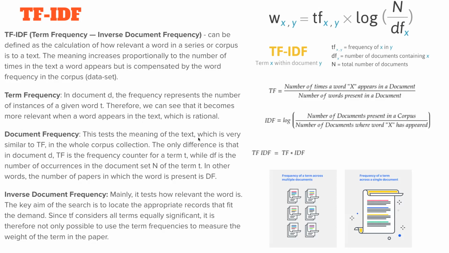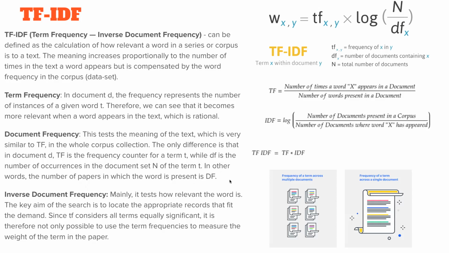This tests the meaning of the text, which is very similar to term frequency in the whole corpus collection. The only difference is that in document D, term frequency is the frequency counter for a term T, while document frequency is the number of occurrences in the document set N of the term T. In other words, the number of papers in which the word is present is document frequency.